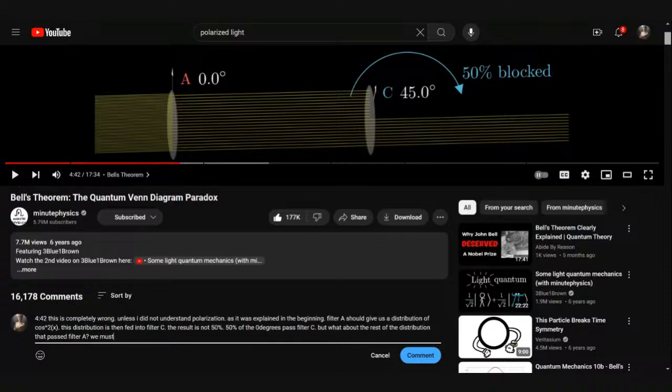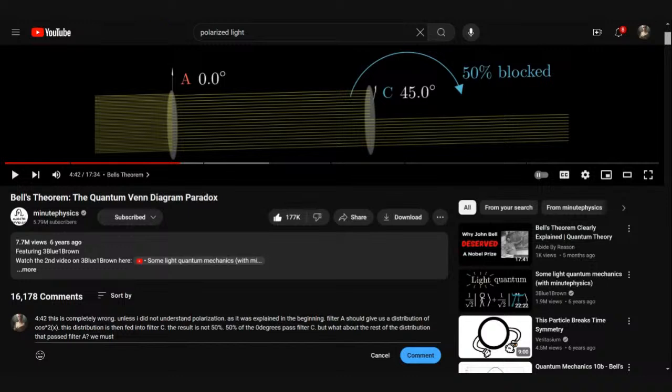Oh, no. Okay. So what they're saying is, don't forget, whatever distribution you're getting here, they're all of a single degree. They're all at 0 degrees. There's no distribution of angle here.